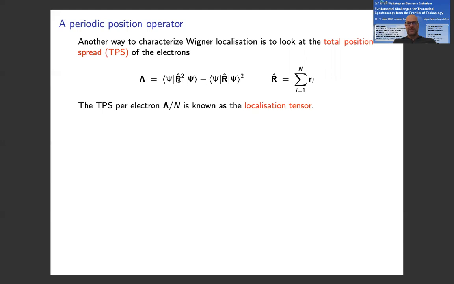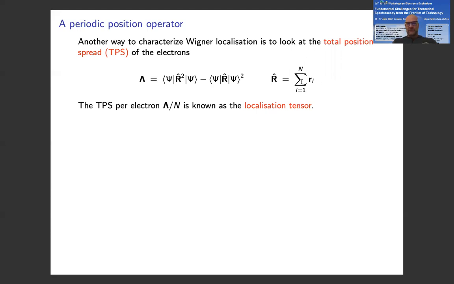Basically, it is the variance of the many-body wave function. Whenever the variance is large, it means that the system is delocalized. When the variance is small, it is localized. This total position spread per electron, so when we divide lambda by n, the number of electrons, is also known as the localization tensor.